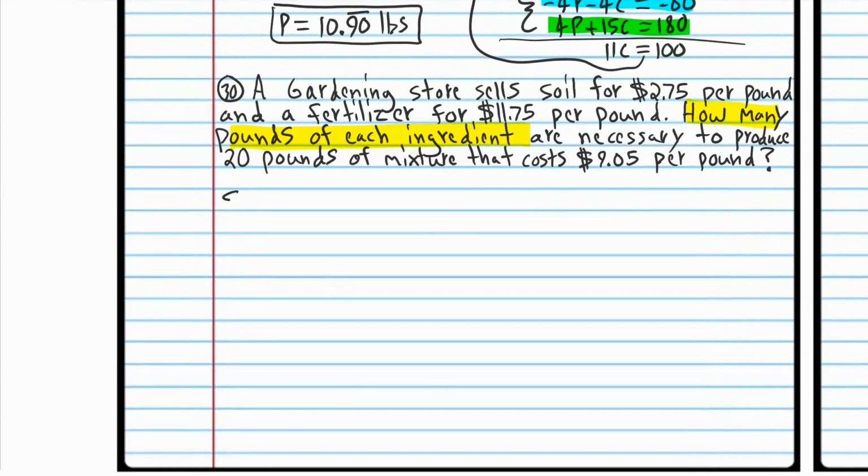So let S equal the number of pounds of soil, and F will let equal the number of pounds of fertilizer.